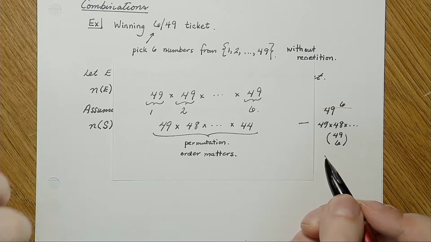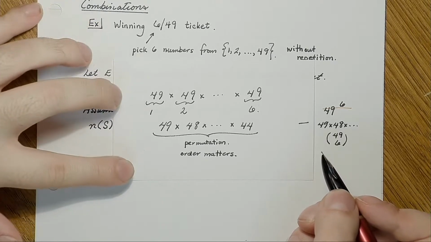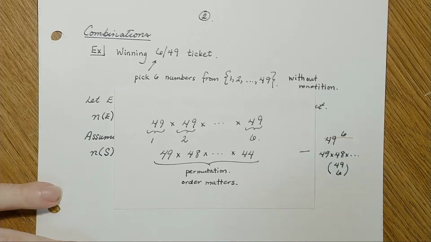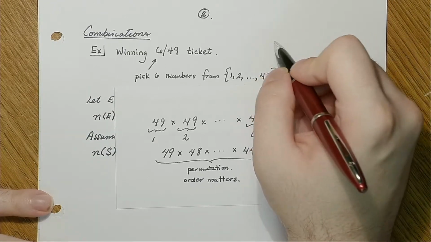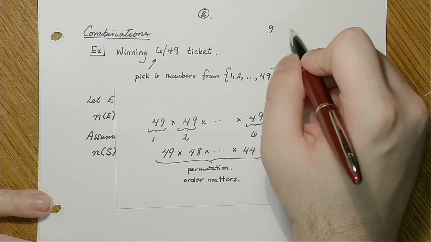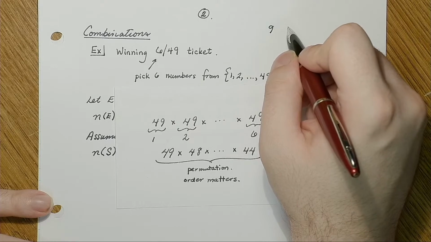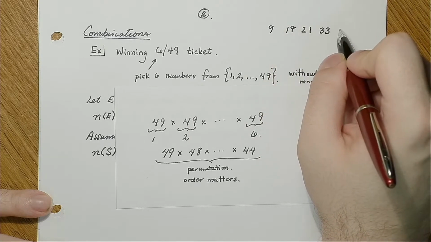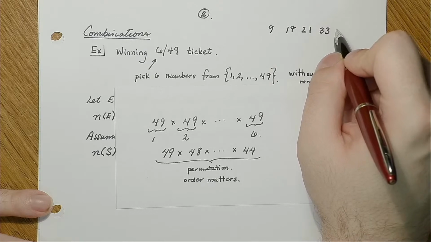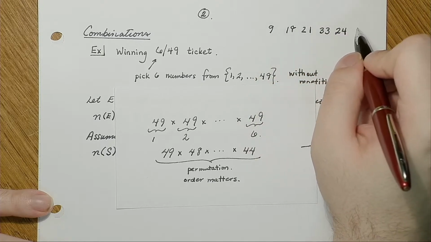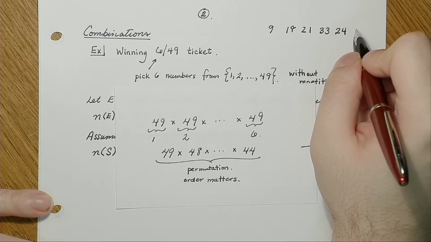Now, when we do a lottery ticket, we usually write it in ascending order. So like if I pick some numbers, I have 9 and I pick 18, 21, 33, 24, and one more, let's say 2.